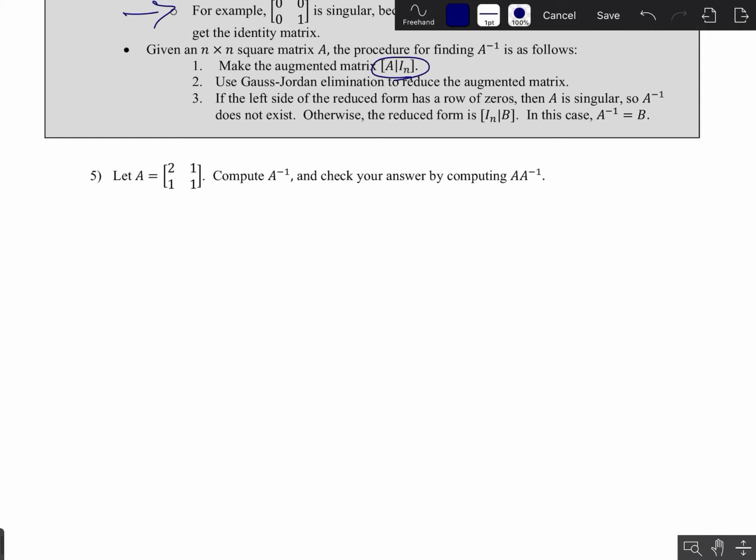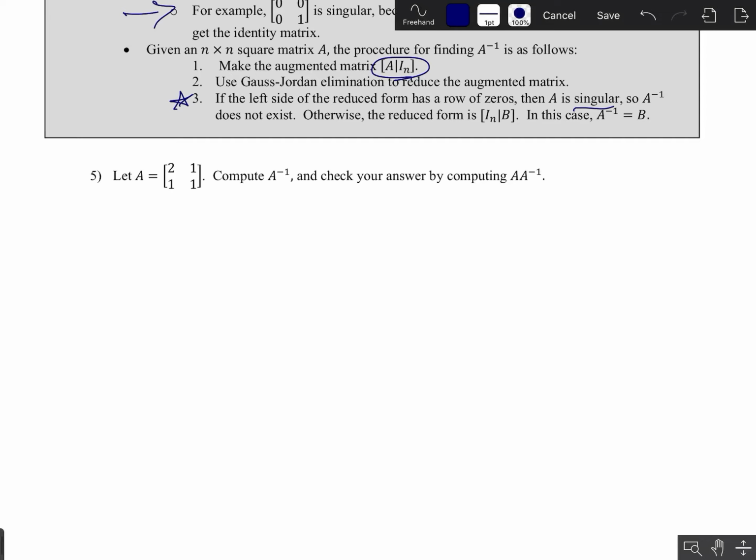So we will reduce that left side matrix to the identity matrix like we normally do. And then the important thing in terms of interpreting your answer is this step 3. If the left side of the reduced form has a row of zeros, like we've sometimes seen, then the original matrix that you started with is singular.